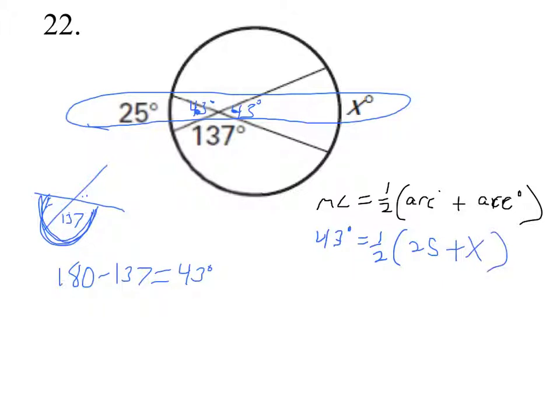I suppose you could put those in either order because it's addition. Again, it's up to you. If you wanted to distribute the 1/2, you could do that. Or if you wanted to multiply both sides by 2, sometimes I just make a little note, times by 2, times by 2. That will get rid of the 1/2. That's probably what I would do in this case, just so I don't have to deal with any fractions. 2 times 43 is 86, and then just subtract 25 from both sides, and we get our answer of 61 degrees.